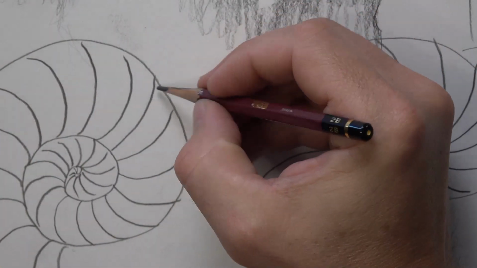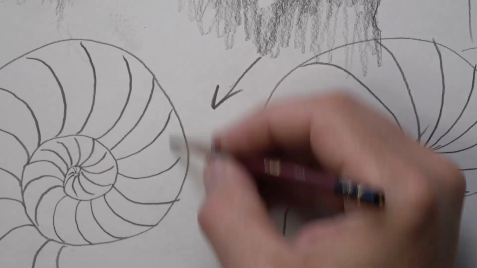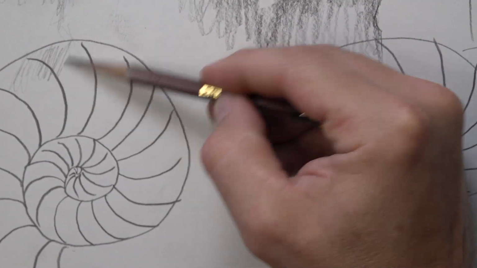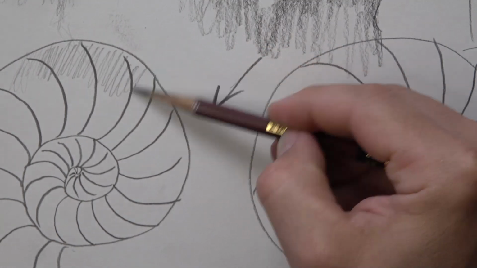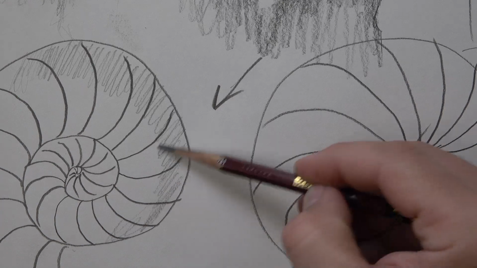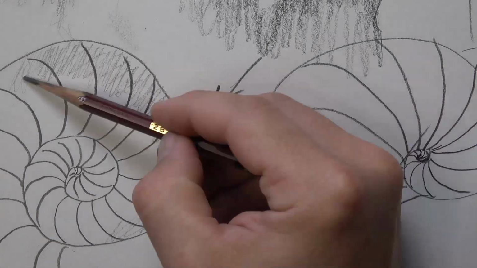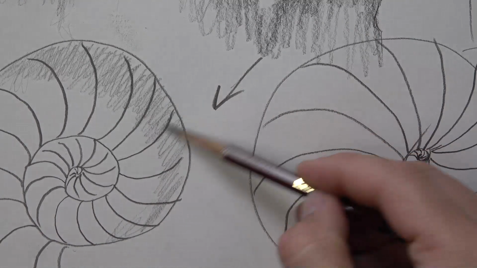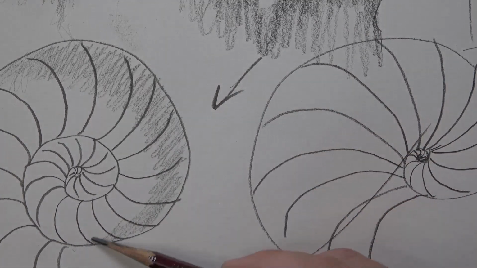So as I look at this, that means that the inside of the shell right here is all going to be in shadow. So go ahead and glaze, shade right over the whole inside of the shell right here. And if this makes your head spin in terms of the detail, we'll work big and broad, and then whoever wants to take it to a higher level later, you can do it in your own time.